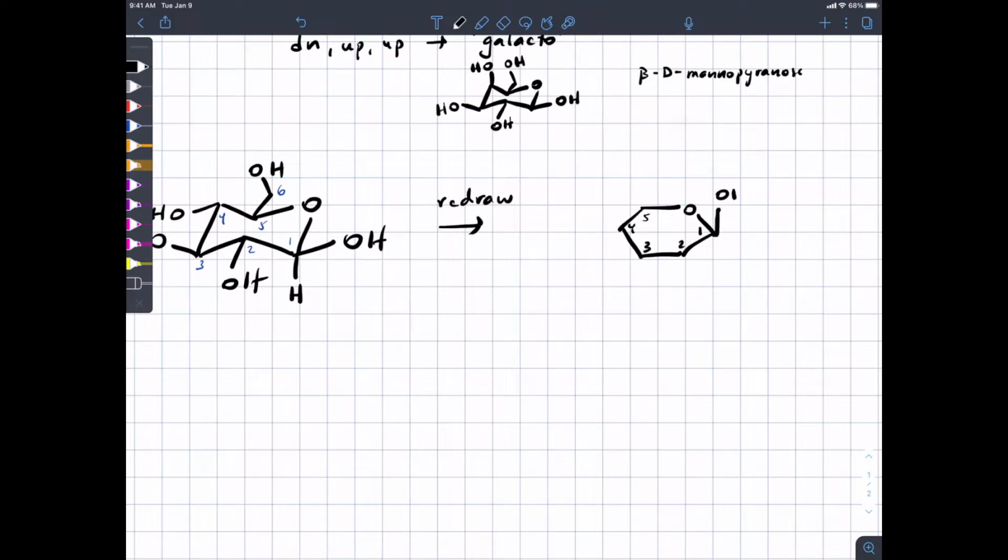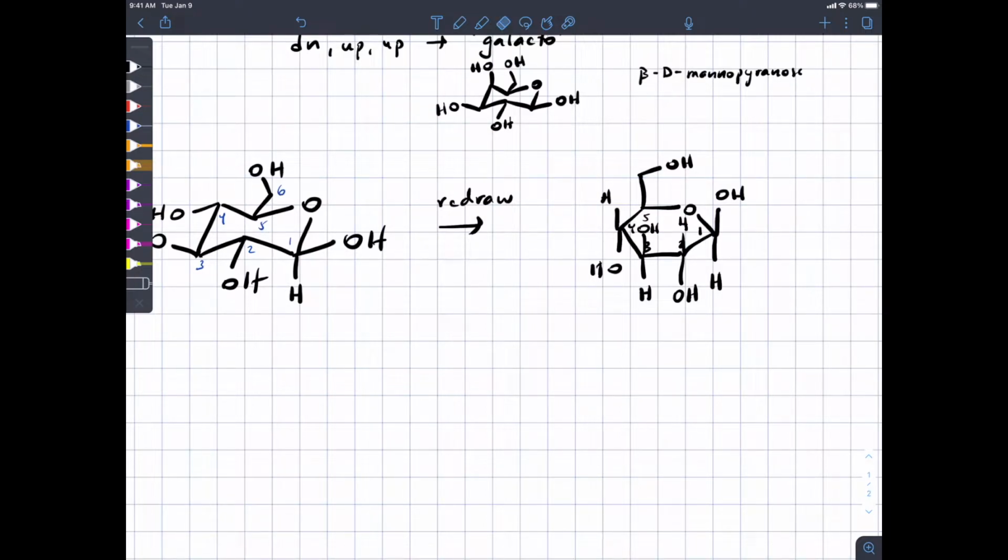So in the beta anomer, OH is here, hydrogen is there, OH is here, hydrogen's here, OH is there, hydrogen's there, OH is there, hydrogen's there, and then the CH2OH group is there.